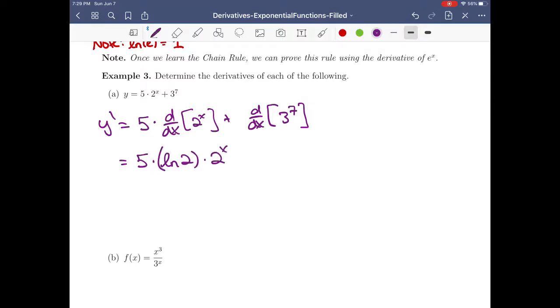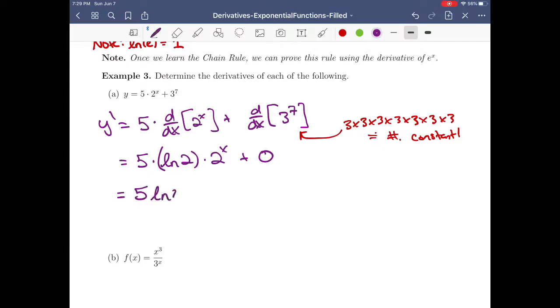And the derivative of 3 to the 7, this is 3 times 3 times 3 times 3 times 3. How many do I have? 2, 4, 5. Okay, it's 3 times itself 7 times. I don't know what that number is, but it's a number, a constant. When we want to take the derivative of a constant, the derivative is 0. So this is just 5 ln 2, 2 to the x. That would be our derivative here.